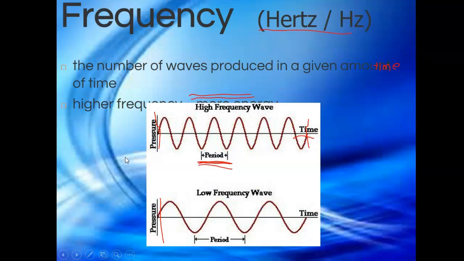A lower frequency wave has fewer waves produced over time. This is the definition for frequency. If it has a higher frequency, more waves over time, that also lets us know that there is more energy traveling throughout that wave.